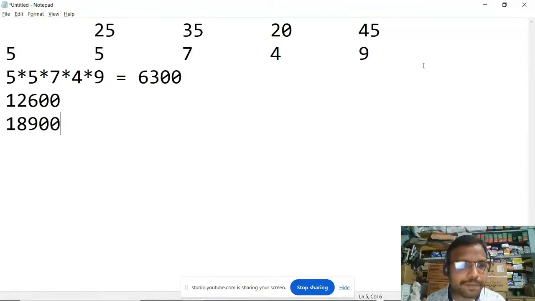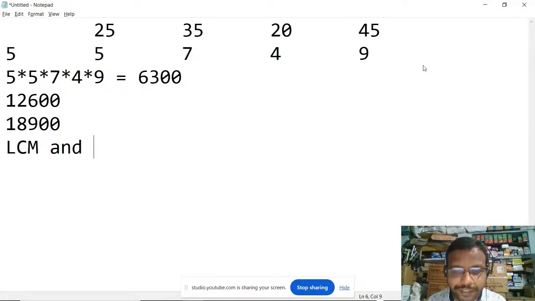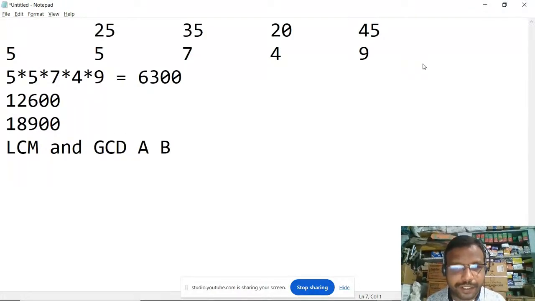So simple concept. In this particular LCM and GCD topic, you can focus whenever they give LCM and GCD. If they give one number, how do you find the second number?